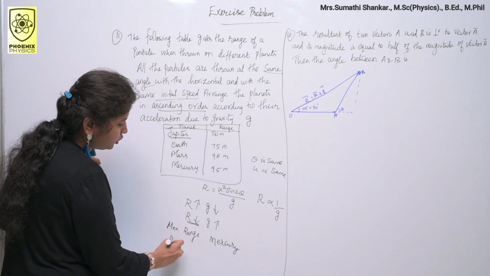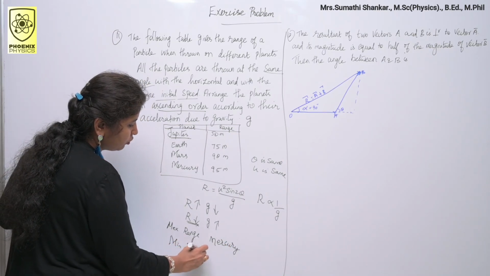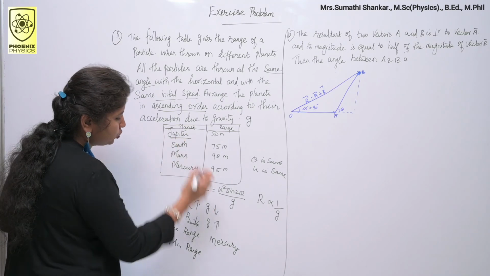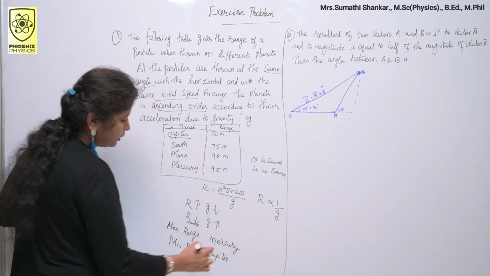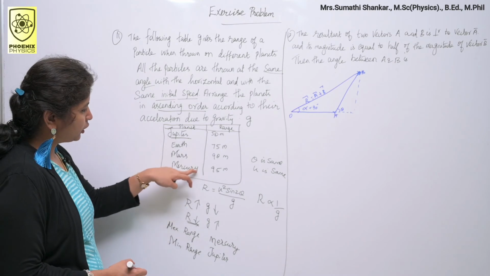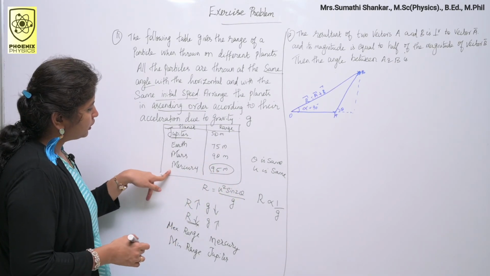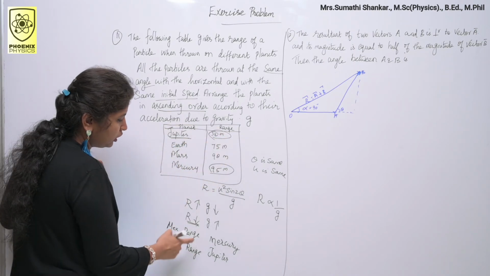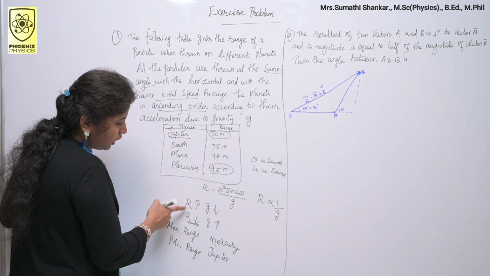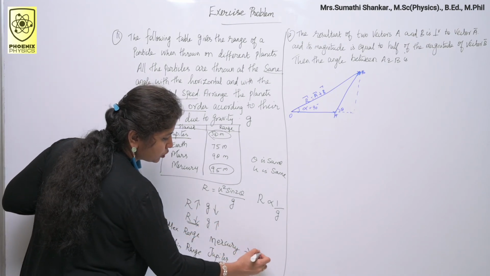The maximum range is for Mercury, because 95 meter. The minimum range value is for Jupiter, that is 50 meter. Now see, R maximum means g decreases, so g is smaller.